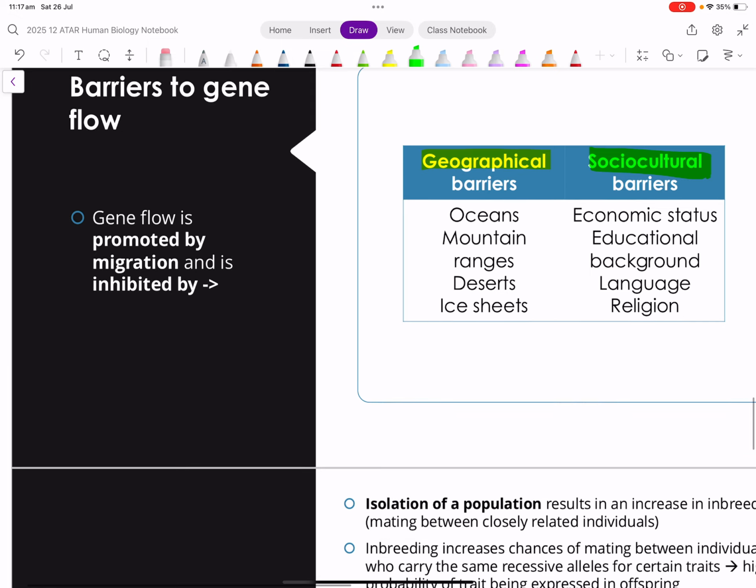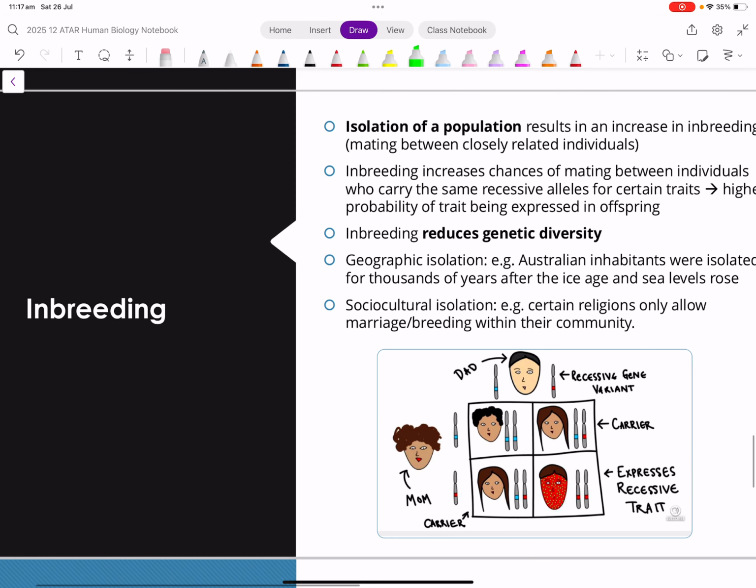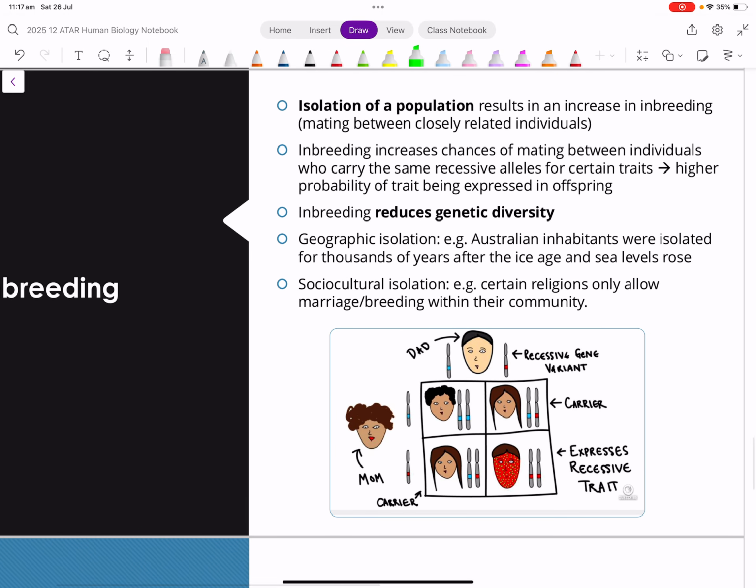Okay, so when it comes to population isolation, generally speaking, this is going to result in an increase in the rate of inbreeding, which is, as we'll define it here, mating between closely related individuals. Now, what this does is it increases the chances of individuals with the same particular recessive alleles being expressed in their offspring. And unfortunately, this is going to result in a reduction in genetic diversity.